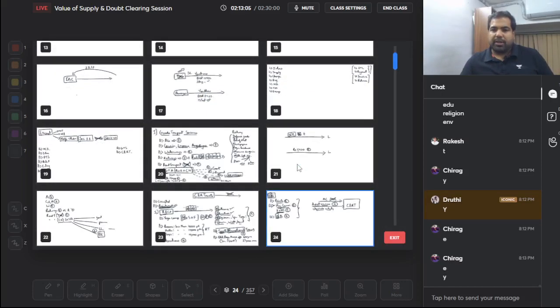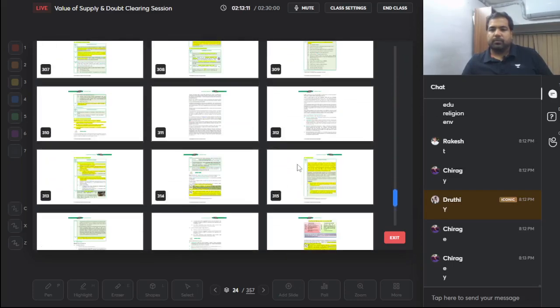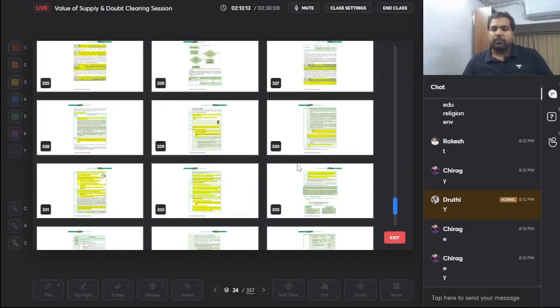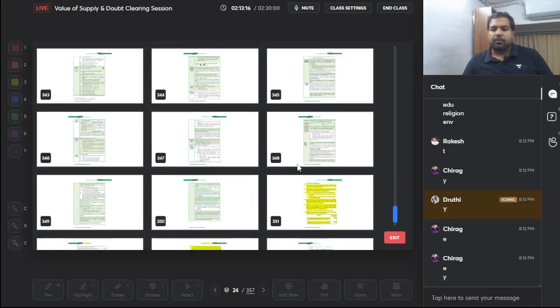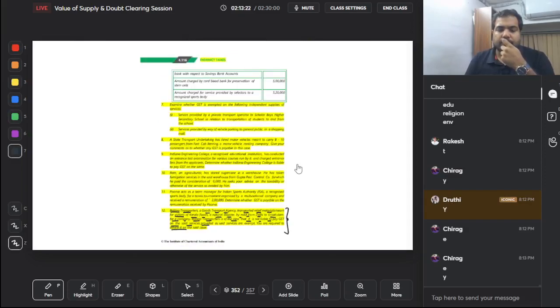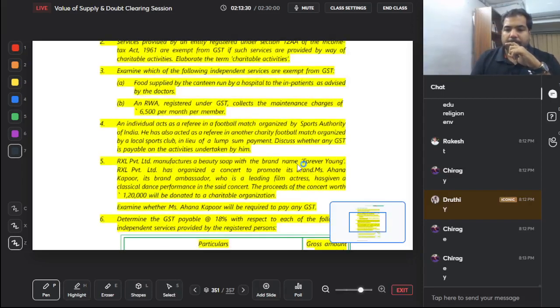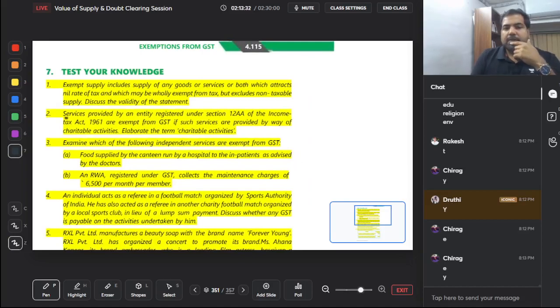Alright, let's look at the questions, guys. The questions are question number 2 and question number 14. Services provided by an entity registered under section 12A of the Income Tax Act are exempt from GST if such services are provided by way of charitable activities.